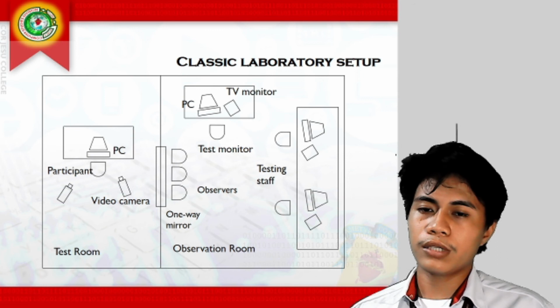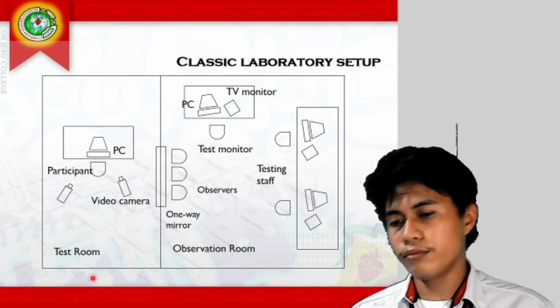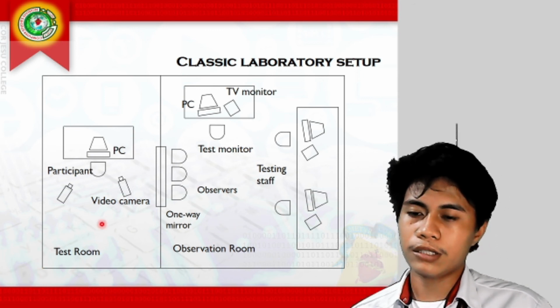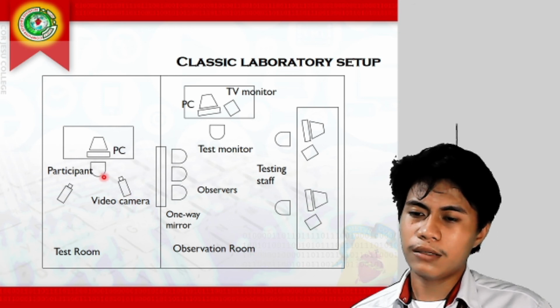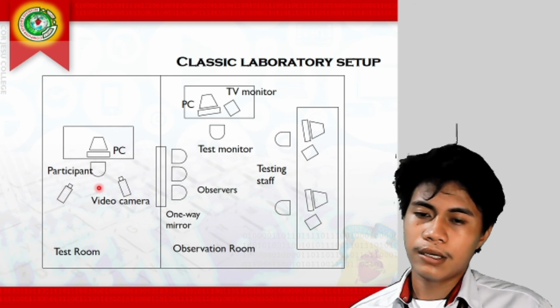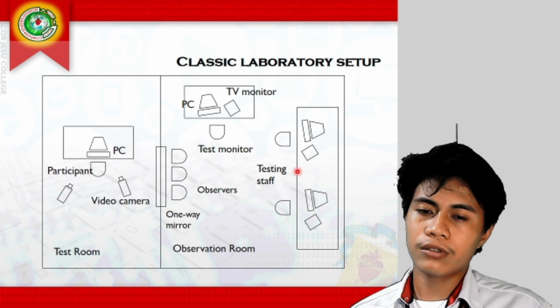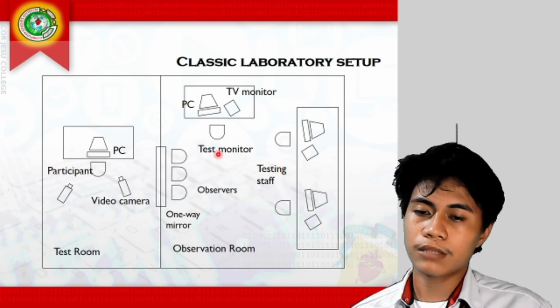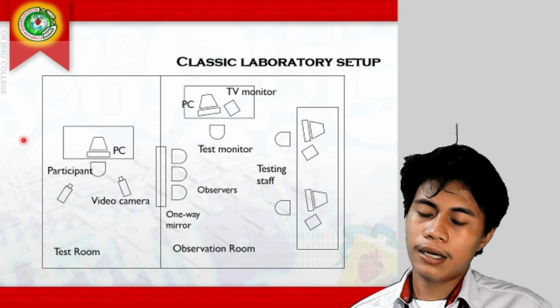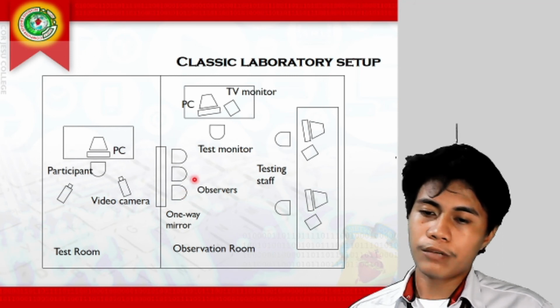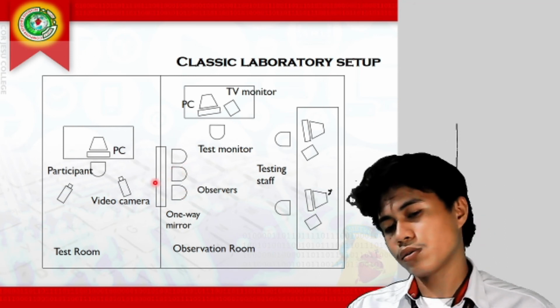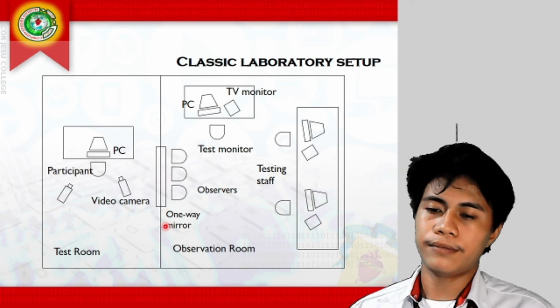Classic laboratory setup. Test room and observation room. In the test room is only the participant, and in the observation room are the testing staff, the test monitor, and the observers. The observers can observe the participant through the one-way mirror.